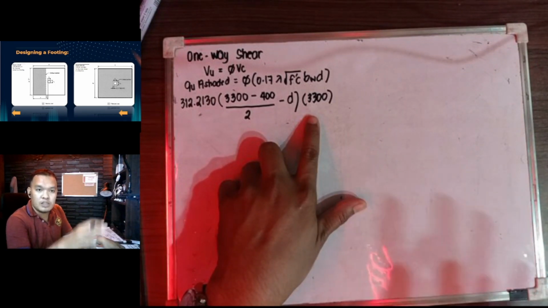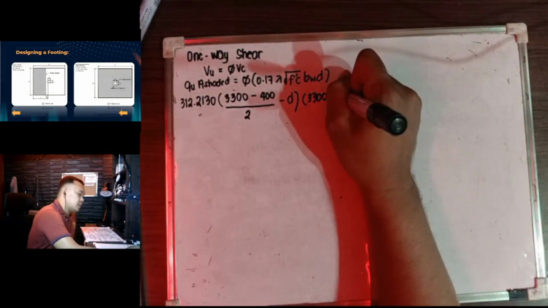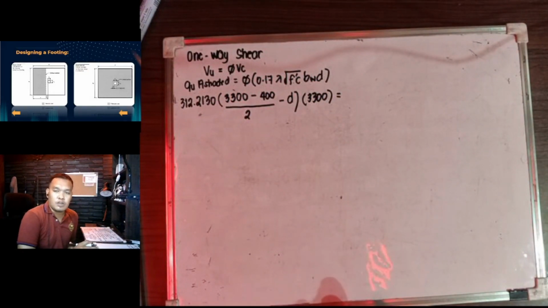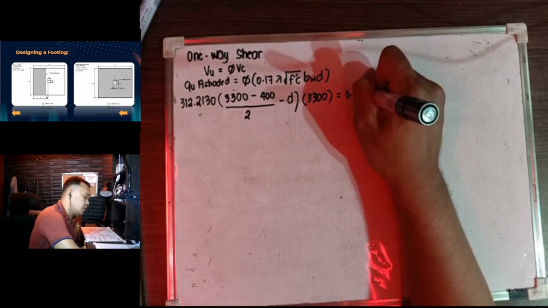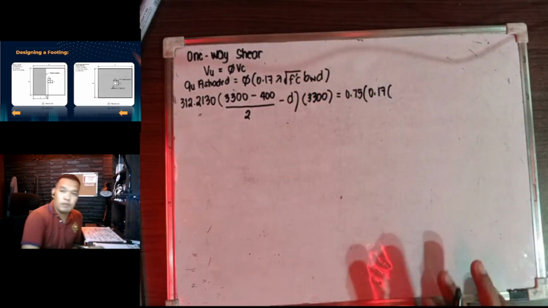I do hope na nakikita nyo yung arrowhead dun sa mga figures. No? Equals phi. When we're talking about reduction factor, kapag shearing pa ang pinag-uusapan, based sa NSCP, we will be using 0.75 as a reduction factor. So, 0.75 multiplied by 0.17. The lambda is equivalent to 1, no?